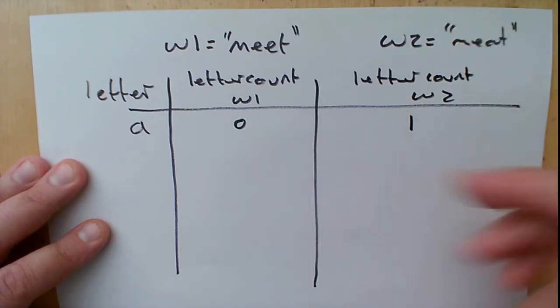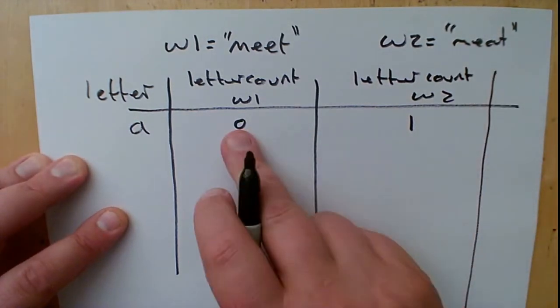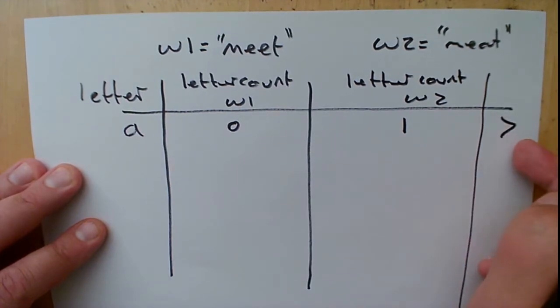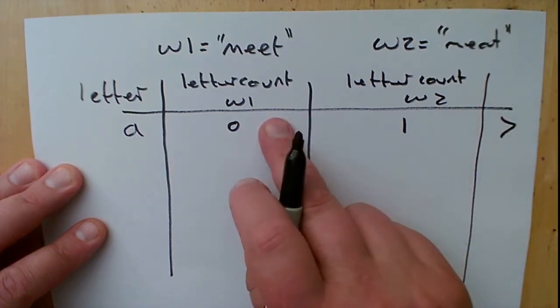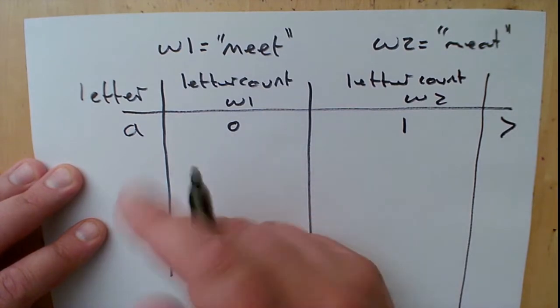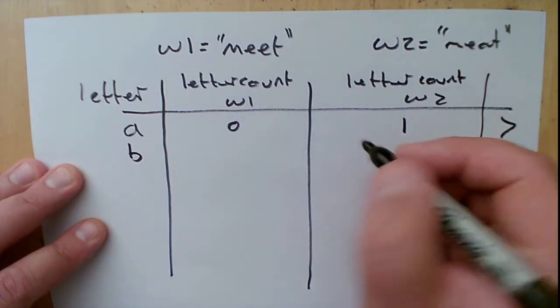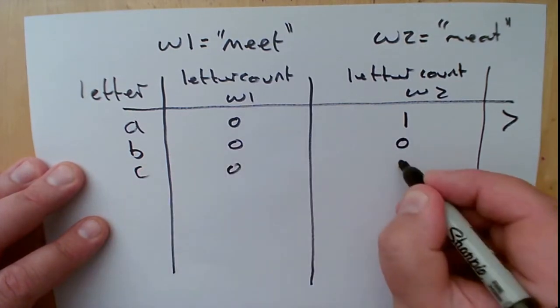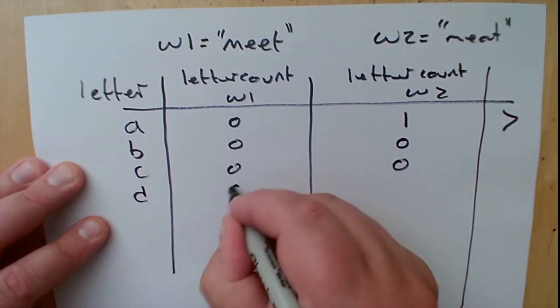Now then, I am just comparing the number of times that they occur. I'm using this kind of inequality symbol, and here this is not bigger than that, so I can move on to the next letter in the alphabet. 0 of them, 0 of them, and I can move on to the next letter, etc.